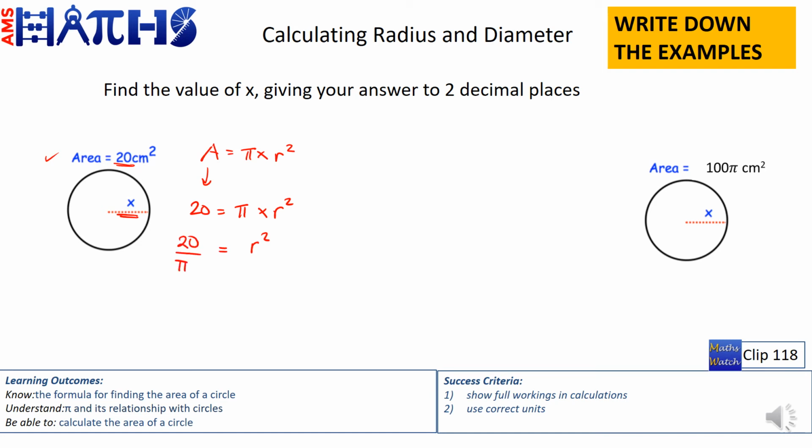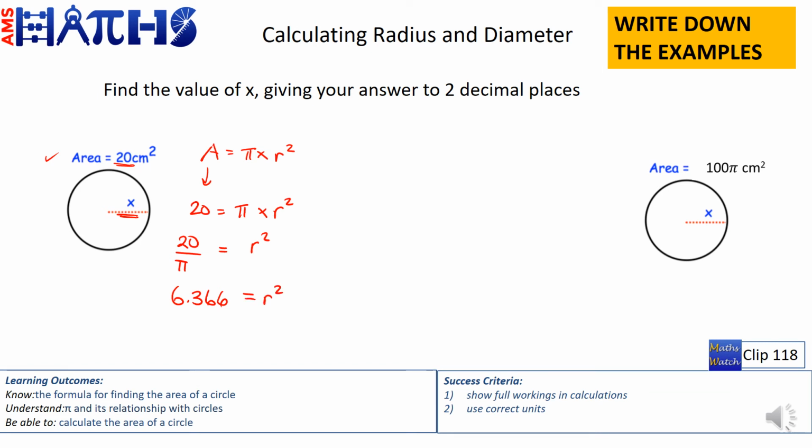pi. Now once you do 20 divided by pi, we're going to get 6.366, and let's keep 3 decimal places at the moment in our calculation. That's going to give us radius squared.